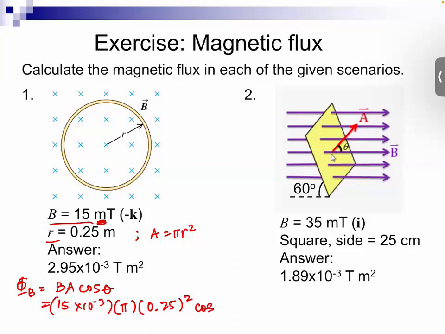And then cosine, the angle will be 0 degrees, right? Because the normal vector, or the vector that's perpendicular to this ring's area, is parallel to the magnetic field lines. So your flux will therefore be, if you plug in all the numbers, you should get what's given as the answer here.